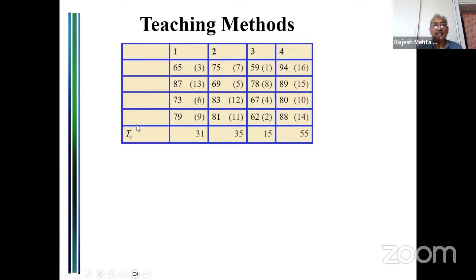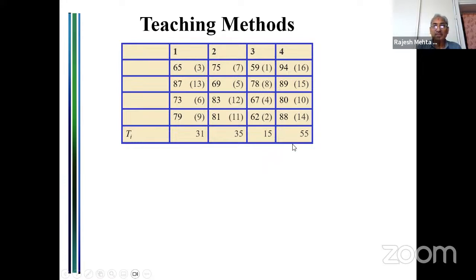Now, T1, T2, T3, T4 are the total of ranks of the first sample, second sample, third sample, fourth sample. So the Ti are 31, 35, 15, and 55. What does it suggest?